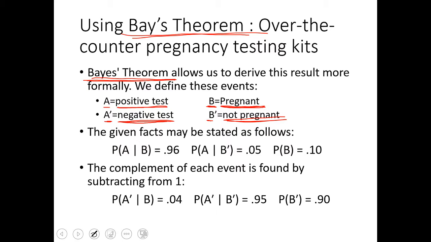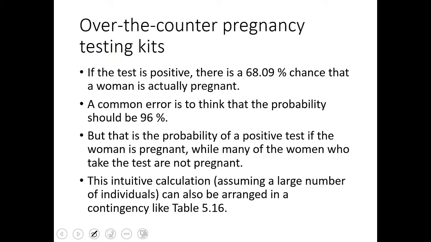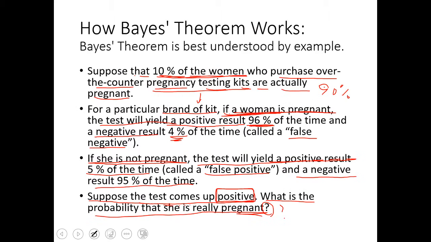Based on this information, if the woman is pregnant, then the probability of a positive result is 96%. So the probability of a positive result given pregnant is 96%, and the probability of a negative result given pregnant is 4%.